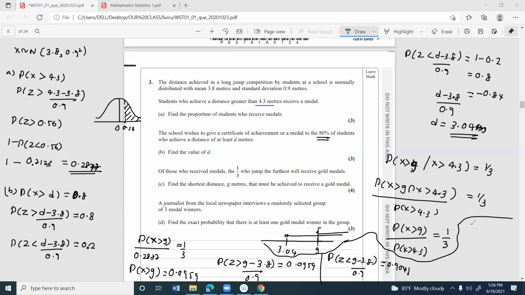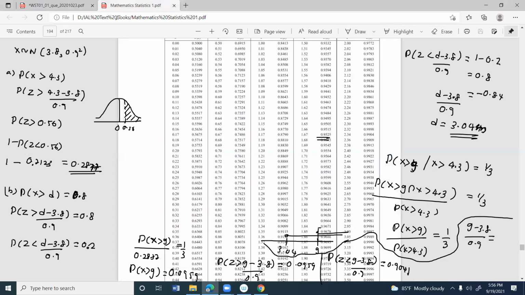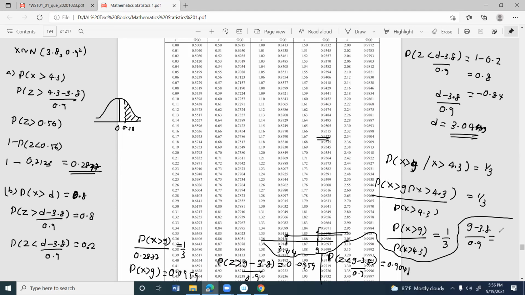With this you can write G minus 3.8 divided by 0.9, and read 0.9041 from the normal distribution table. Its closest figure is 1.31.